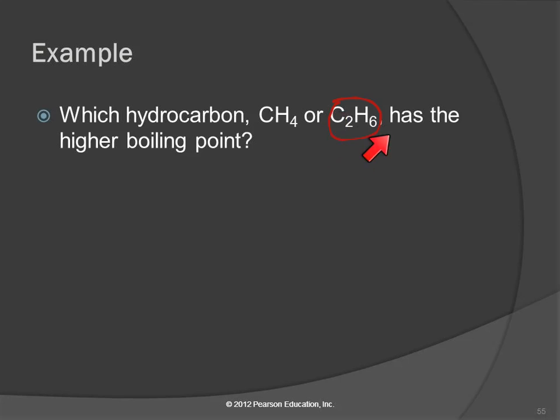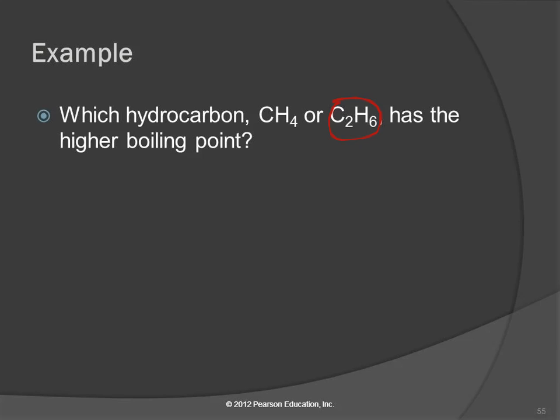But this molecule being larger gets lopsided in its electron distribution more easily. So we have more of these induced dipoles happening. When they happen, they can be a little bit stronger because you can get more of an imbalance with more electrons, and they're farther from the nucleus. So larger molecule, stronger dispersion forces.